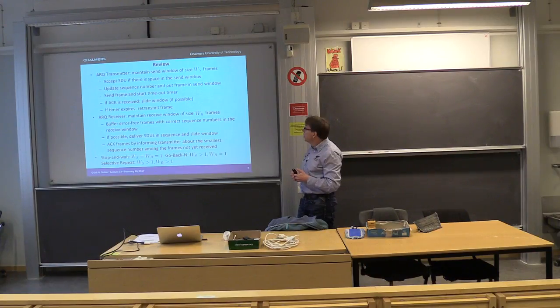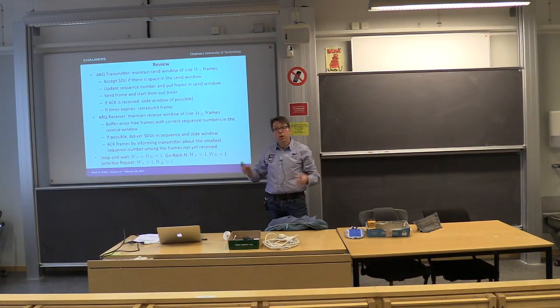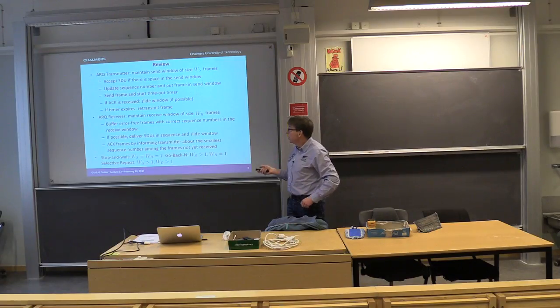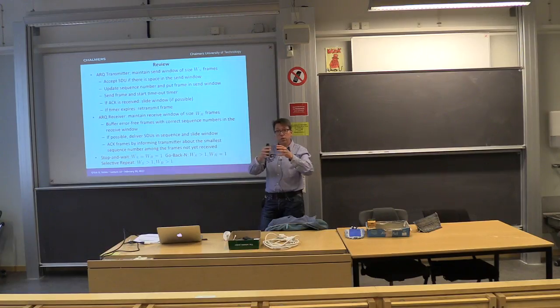But as long as there is space in the send window, the transmitter accepts service data units from above, attaches a sequence number to them, puts some error correction code bits on them, and then transmits and starts the timeout. If an acknowledgement is received, then that space in the send window is freed up, so it can be filled with a new service data unit from above.